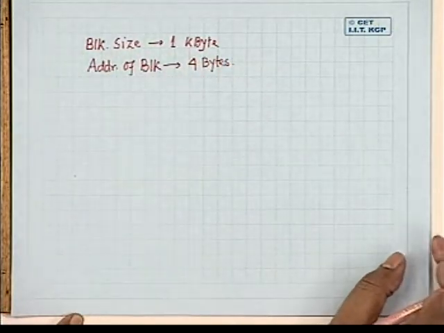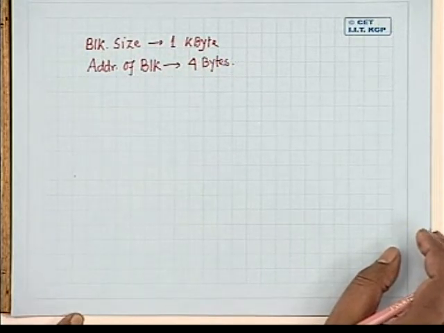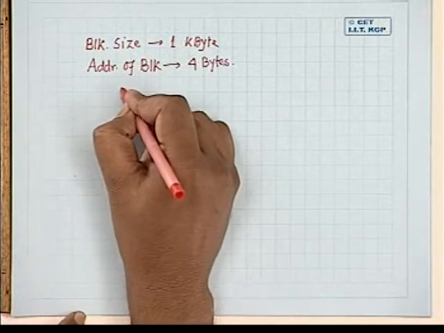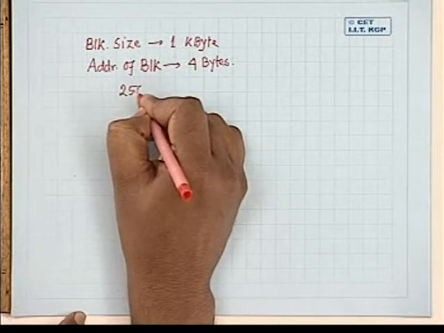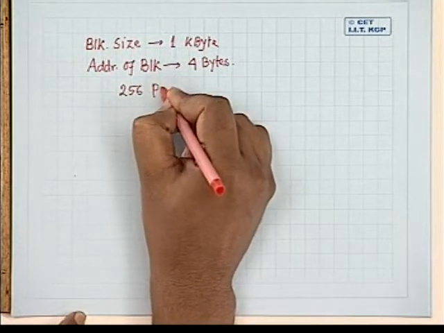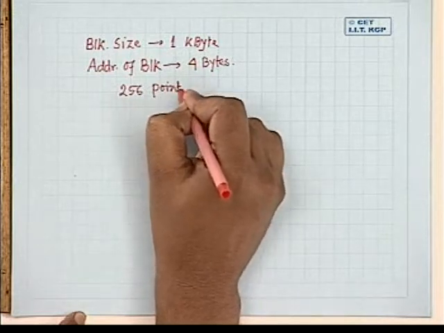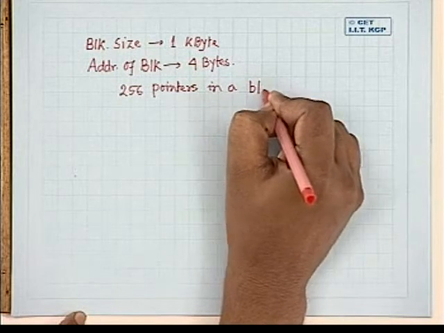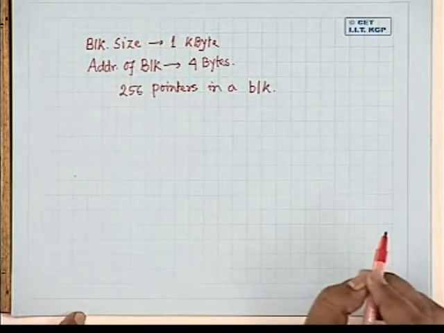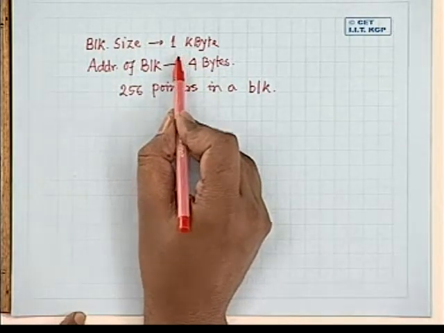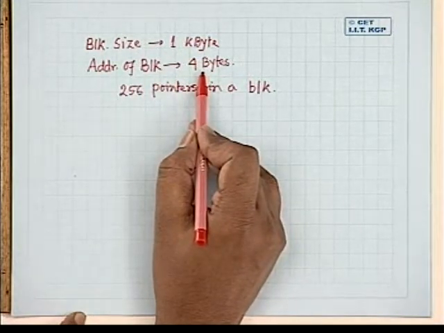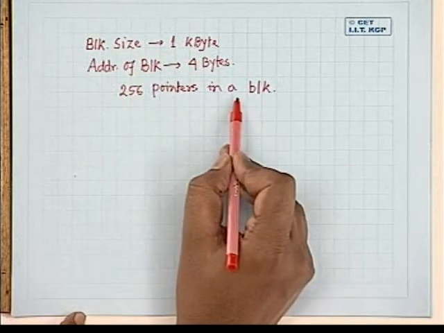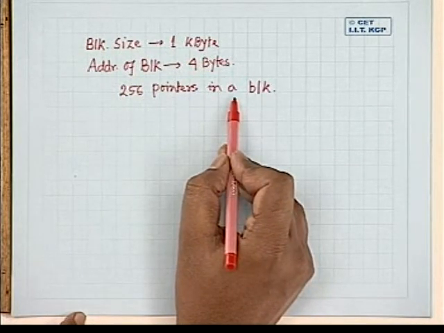So if I assume this, in that case you find that every block can contain 256 number of pointers. Isn't it? Because the block size is 1 kilobyte, address of a block takes 4 bytes. So every block will contain 256 pointers, right?